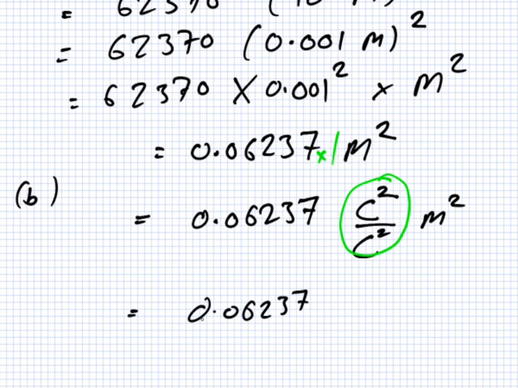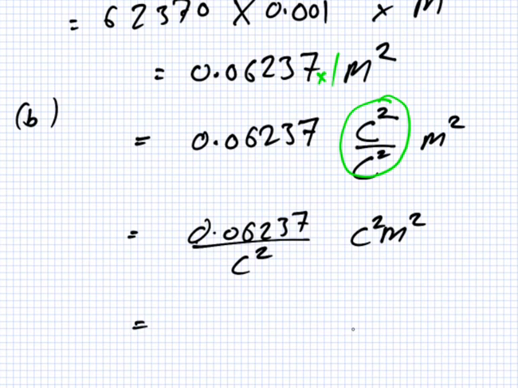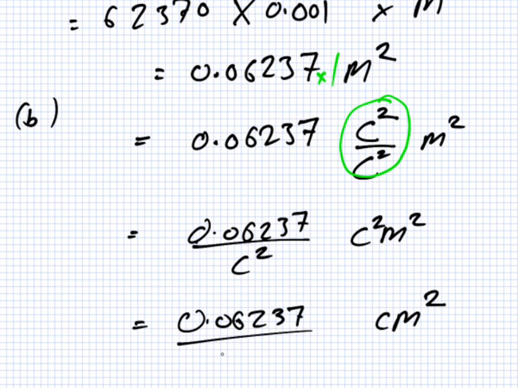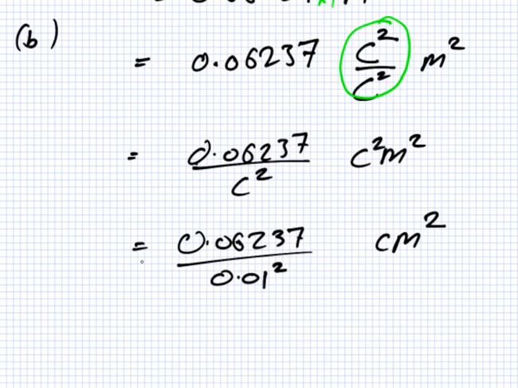So this is A, 62370 millimeter squared, which is 62370 times 0.001 meter squared. Okie dokie.